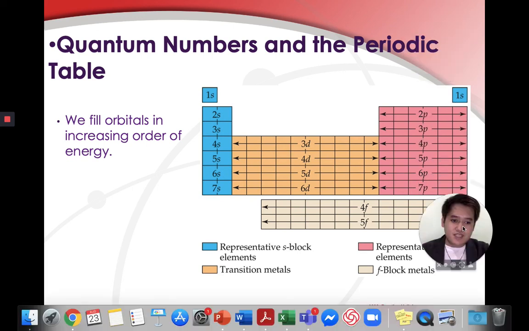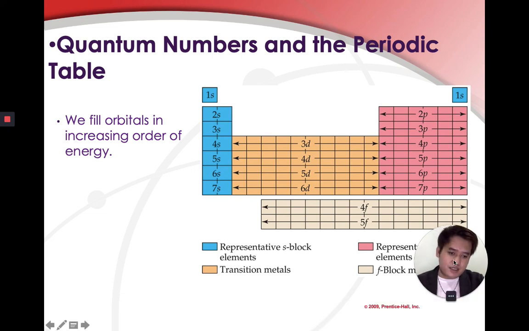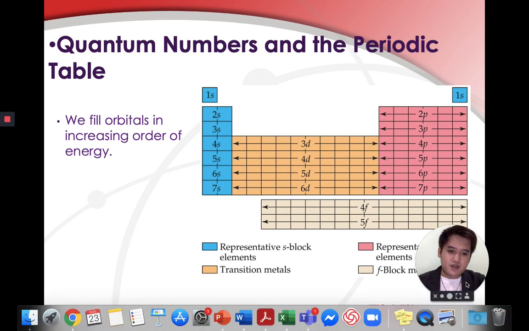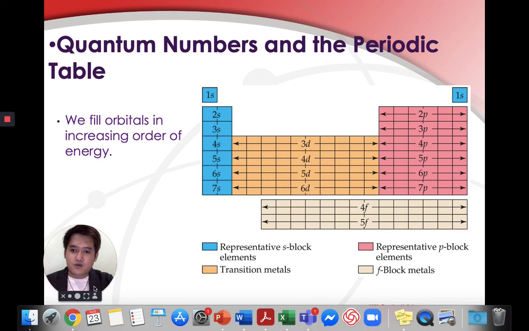We also take note that the periodic table is arranged in such a way that it reflects the different quantum numbers. So we fill in orbitals in increasing order of energy. For example, hydrogen, which has only one electron, belongs to 1s here.